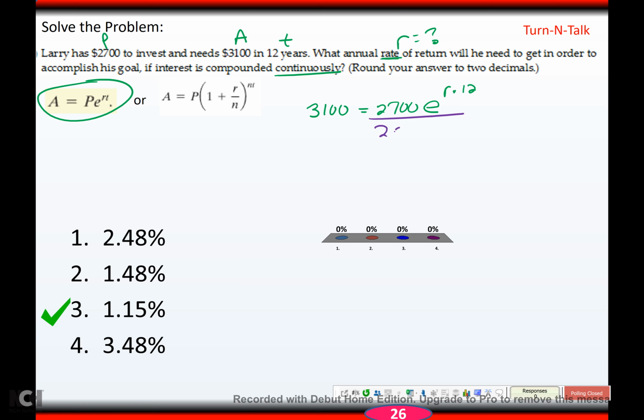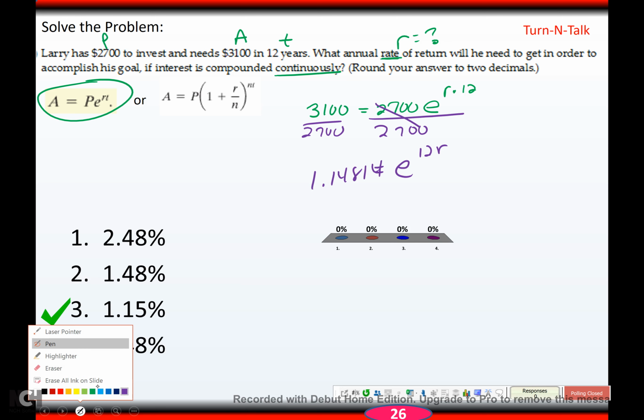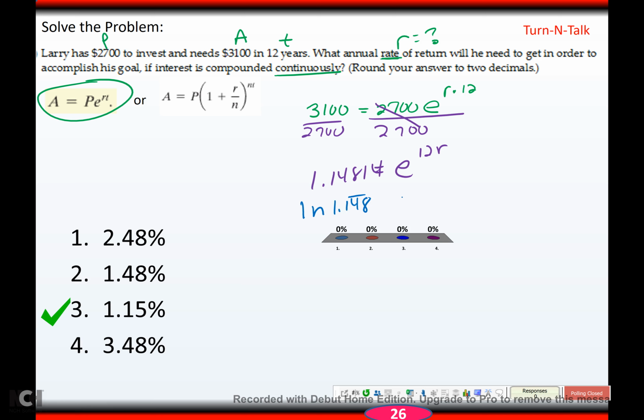I'm going to divide by 2,700. 3,100 divided by 2,700 is E to the 12R, 1.148148148, so yada yada yada. Alright, so now I'm going to take the natural log of both sides, ln of 1.148 repeating equals ln of e to the 12r.